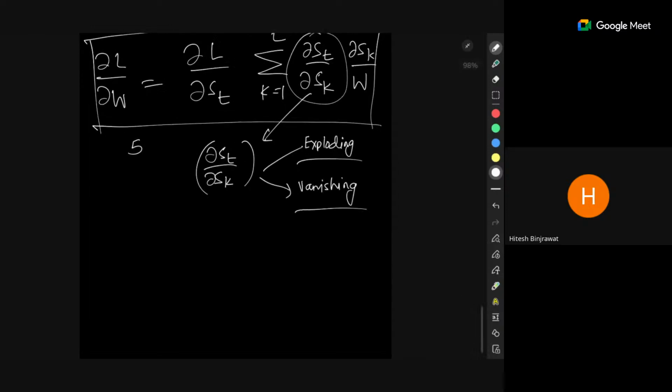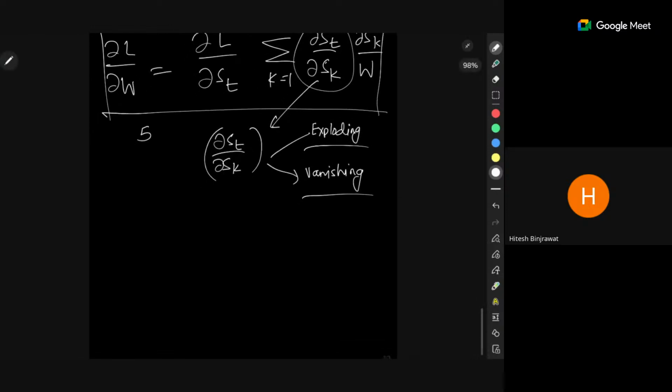The exploding gradients problem we can solve by gradient clipping. We set some value, and if it goes beyond that, I won't let it go beyond that point. That's how you control exploding gradients.